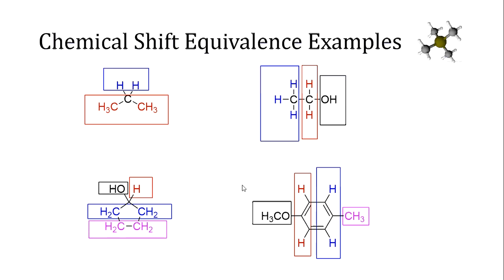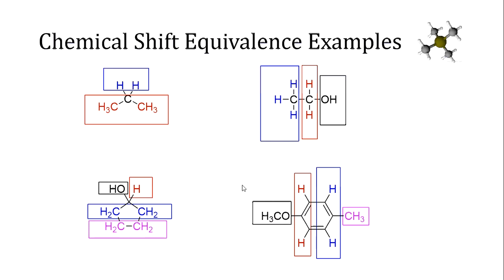Again, this molecule has four types of hydrogen atoms: the methyl group attached to the oxygen on the left side of the molecule, the two hydrogen atoms in the ring highlighted in red, the two hydrogen atoms in the ring highlighted in blue, and the methyl group highlighted in purple. Again, those hydrogen atoms across the ring from each other are related by symmetry and are chemically equivalent.